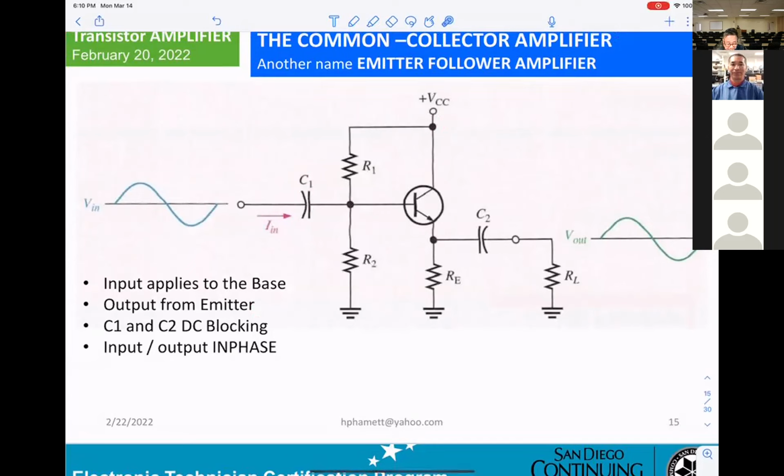Input is applied to the base, output from the emitter. C1 and C2 are DC blocking. Input and output will be in phase: both go up or both go down.